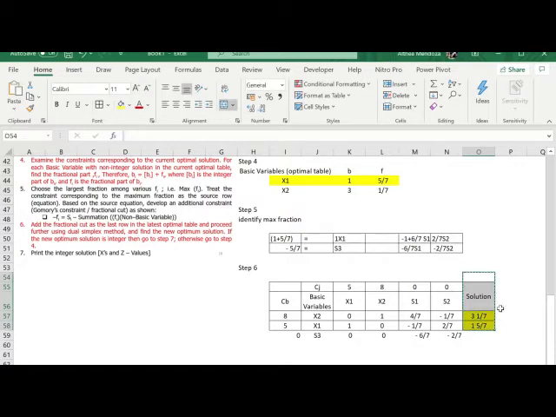Kailangan ma-declare din sa taas yung bagong nangyari. So, S3, declare lang natin kasi kailangan din meron siya. S3 for this are 0, 0, tsaka 1. Tapos, ang solution natin ay itong negative 5/7.